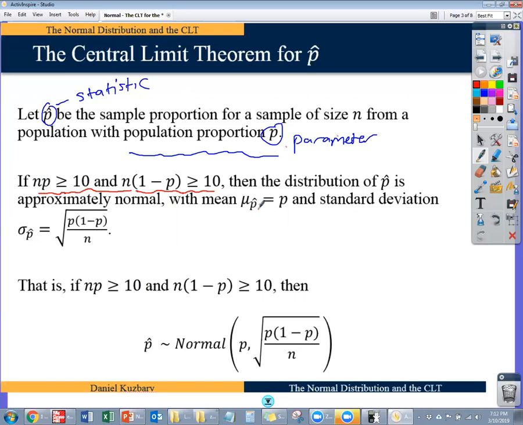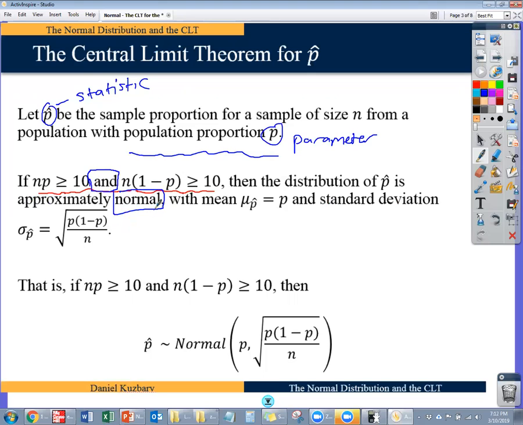We have some conditions just like the last central limit theorem we saw. The conditions to use this are if n times p is greater than or equal to 10, and if n times 1 minus p is also greater than or equal to 10, then the distribution of p hat is approximately normal with mean p and standard deviation the square root of p times 1 minus p over n. So our conditions are if our sample size times our population proportion is greater than or equal to 10, and our sample size times 1 minus the population proportion is also greater than or equal to 10, so this is an and, by the way, these both have to be true, then the distribution is approximately normal, which is good.